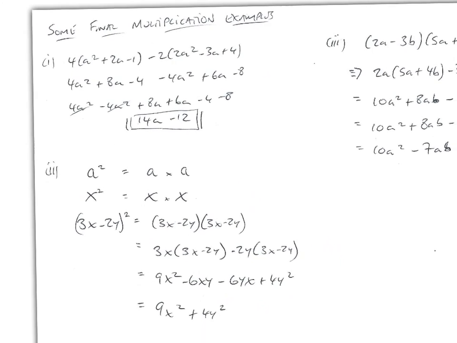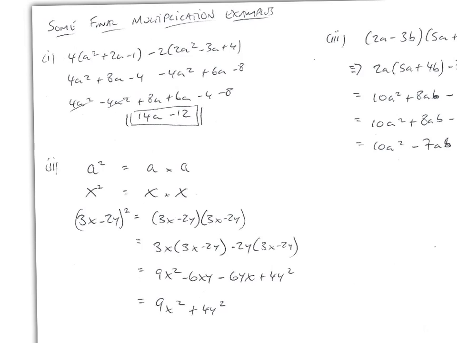Okay, so the first one here, 4 by a squared plus 2a minus 1 minus 2 by 2a squared minus 3a plus 4. So plus by plus is plus 4 by a squared, 4a squared, plus by plus is plus 8a, 4 by 2 is 8a, and then plus by minus is minus 4 by 1 is 4.